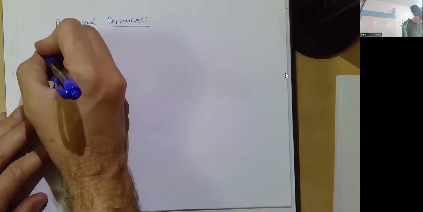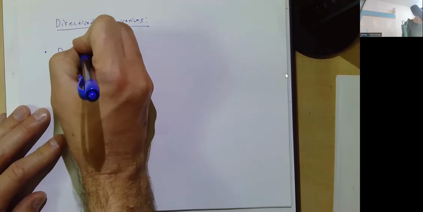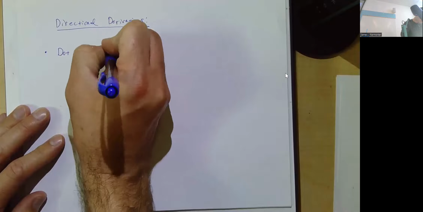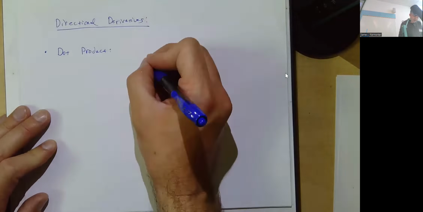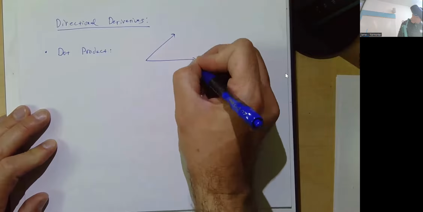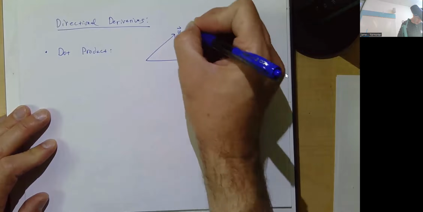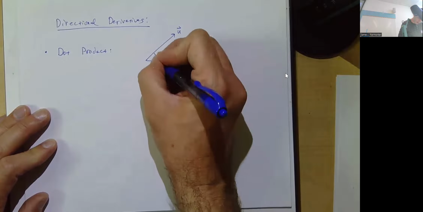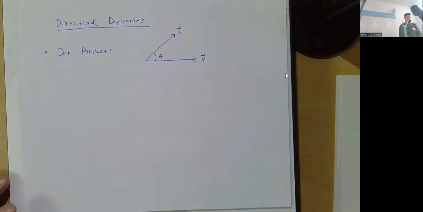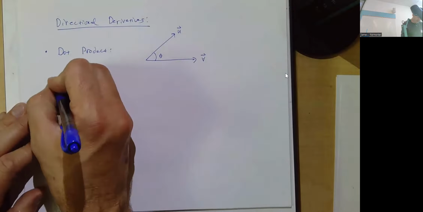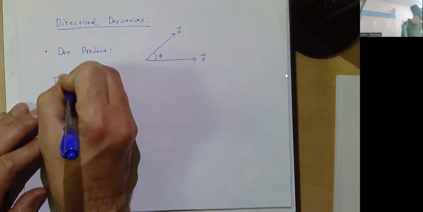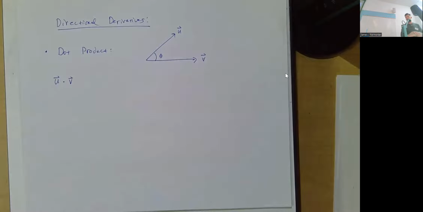Before we can do that, we need a little bit of review just to make sure everyone's on the same page. So a couple quick things. First thing, dot product. So if you got two vectors, u and v, and some angle theta between them, one way of taking the dot product, which is not particularly usually easy to compute, is that the dot product u dot v, and do say dot, we don't say u times v.